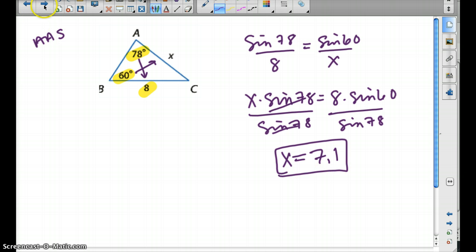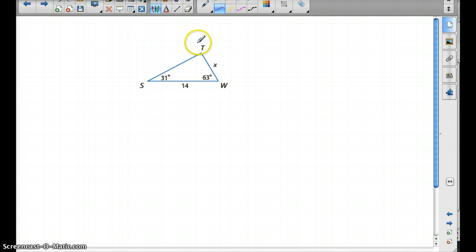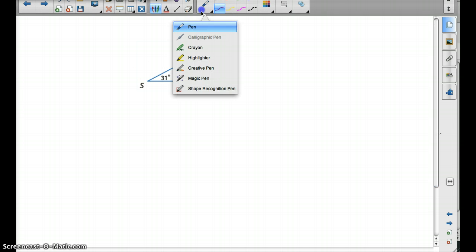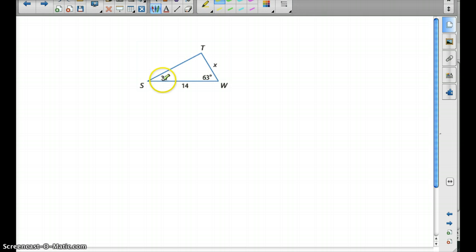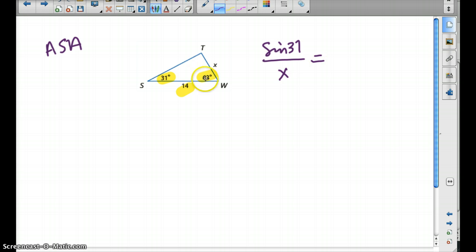All right, let's do one more. Why can we use the law of sines here? What do we have? Looks like we have angle, side, and angle. So we can use the law of sines. So we can take the sine of 31 over x is equal to, look at here.